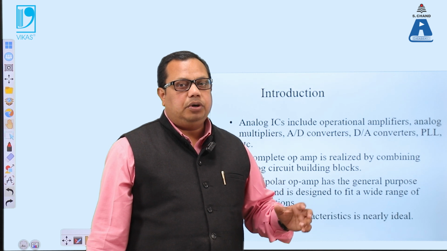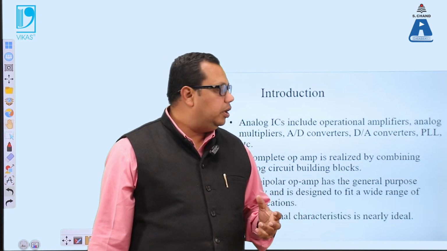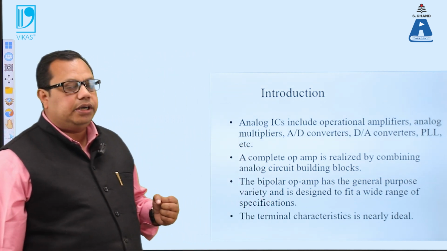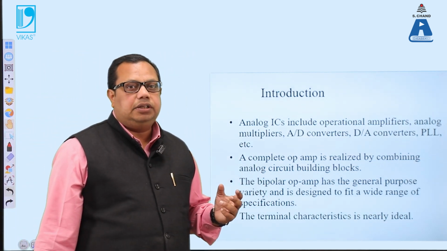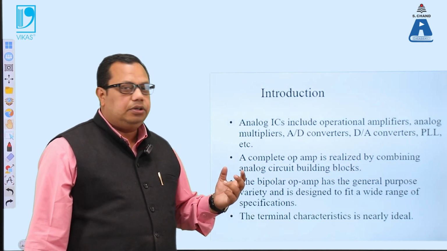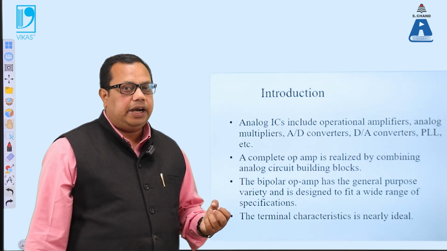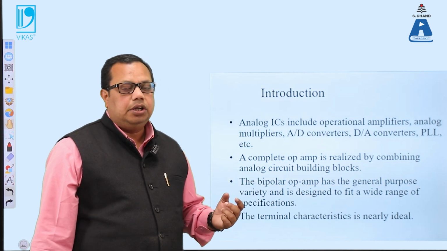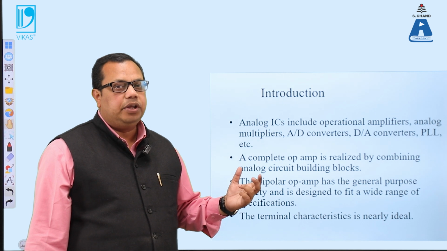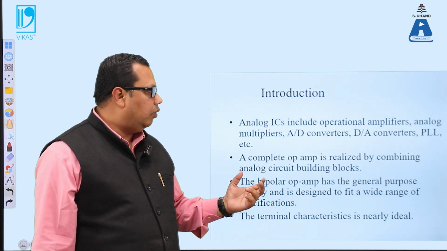These components are the analog components, basically the diodes and the transistors that we have done. They are fabricated on a single chip, and then we get this. When we talk about the output, it may vary from one particular form to another.